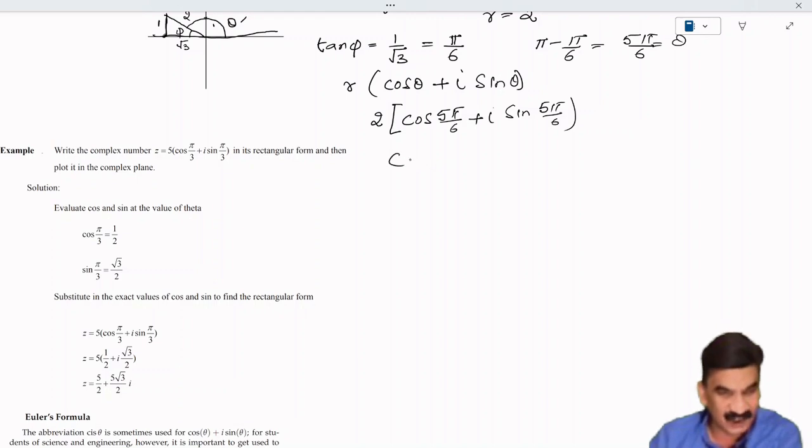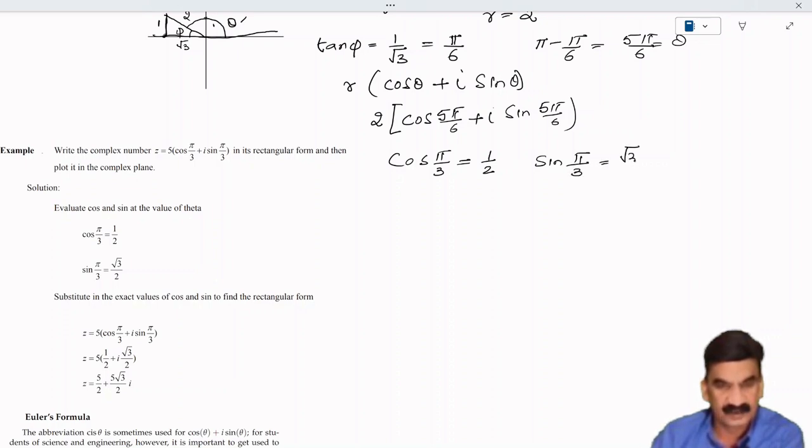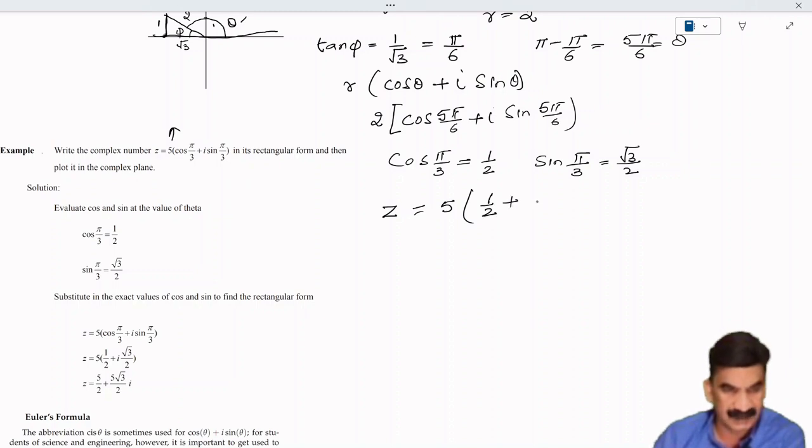I need to get the value of cos pi by 3, which everybody knows is half, and sin pi by 3 is root 3 by 2. So my number becomes 5 times 1 by 2 plus i root 3 by 2.